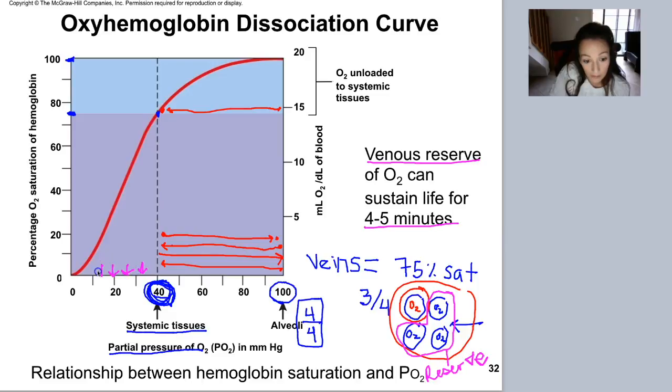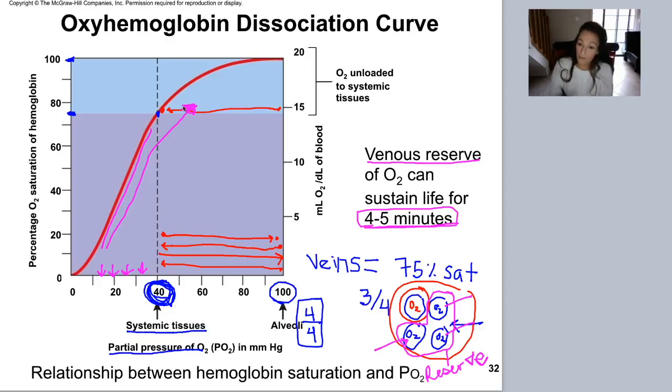For those 4 to 5 minutes, we can continue using all of this oxygen we have right here. As our blood circulates around, one molecule will be gone, it'll go into our tissues for use. Then another molecule will be gone, and another. Hopefully, within those 4 to 5 minutes, we start breathing again. Then our partial pressure will go right back up to normal, and we should be fine.